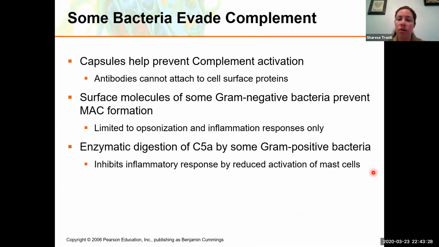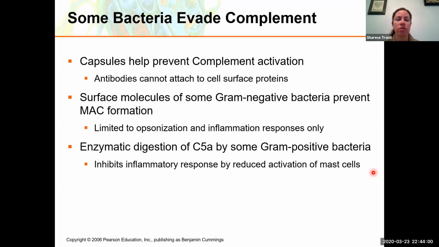Some bacteria have also evolved ways to evade complement. So again, we have capsules. Capsules are going to evade complement because if we can't have the antibodies or the complement proteins binding to the outside of the microbe, then we can't have complement being activated. Some other microbes have also been able to prevent the MAC formation, membrane attack complex.